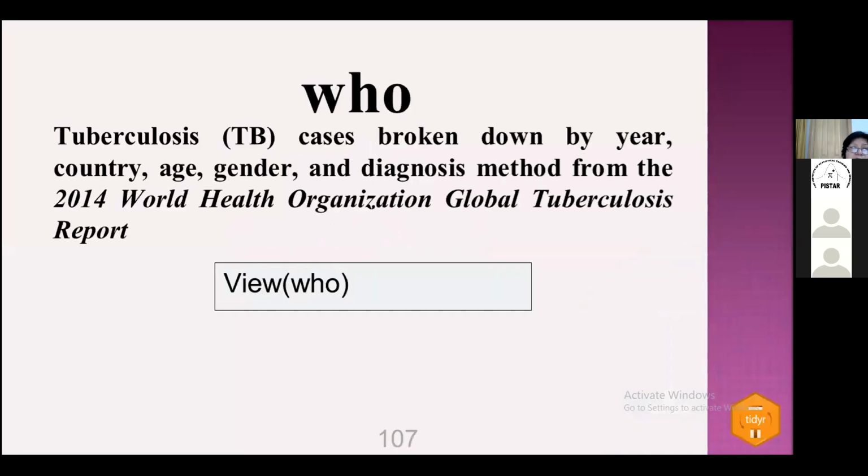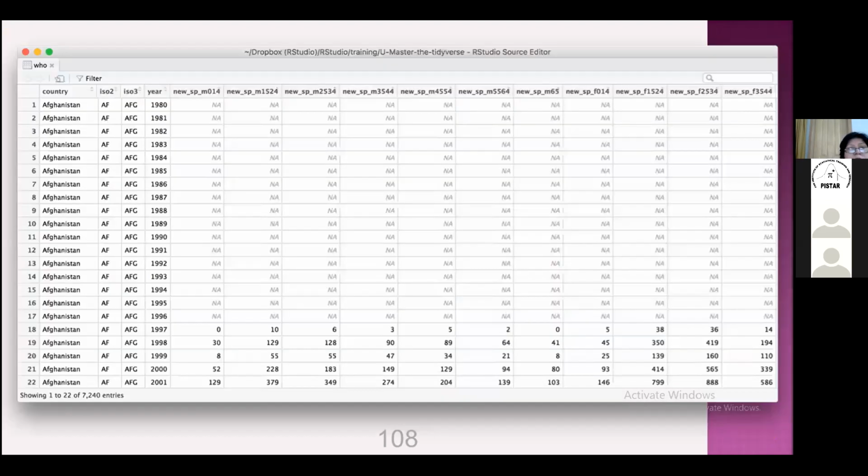This file consists of a few variables. We can view this file using the command View, with a capital V and within parentheses the file name, who, in small letters because it is defined in small letters.